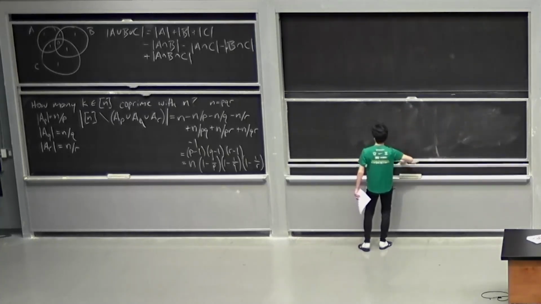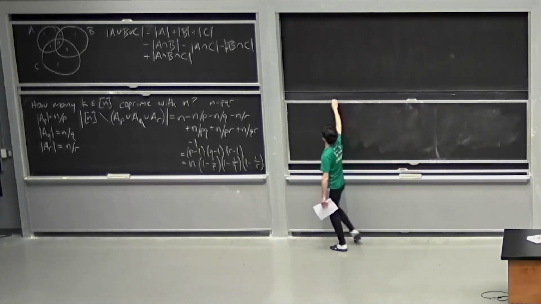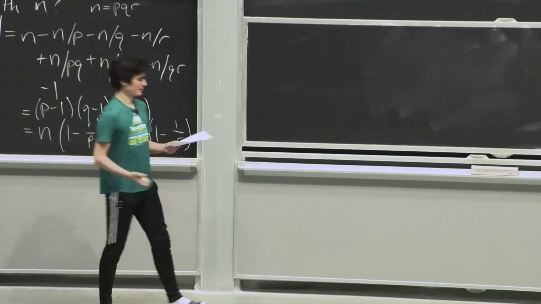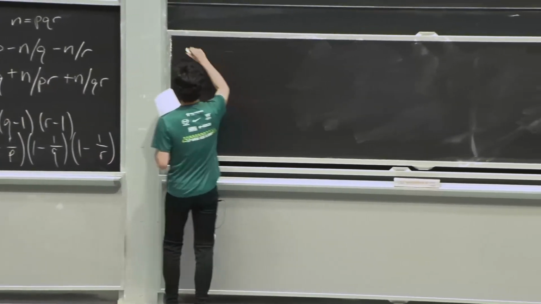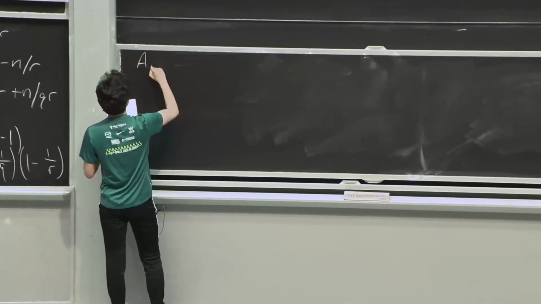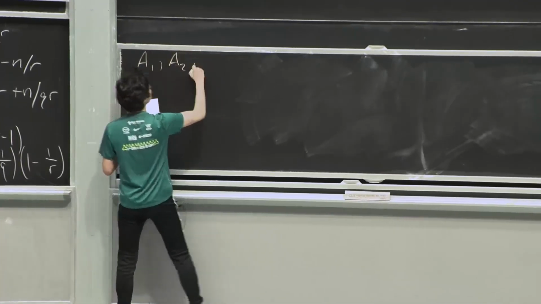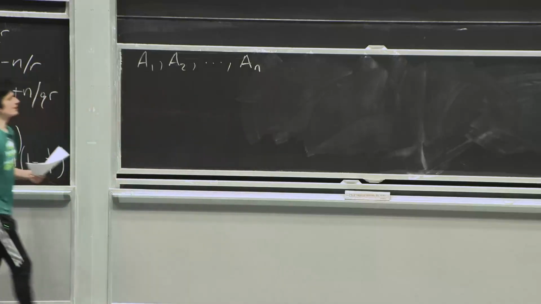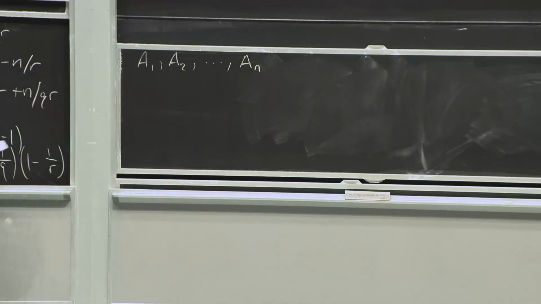So that's inclusion-exclusion with 2 or 3 sets. But more generally, you can kind of continue the pattern, right? So if you have, say, n sets, A1, A2, all the way up to A sub n, and you want to figure out the union of all of these, right?